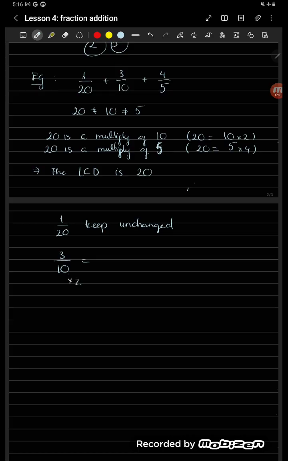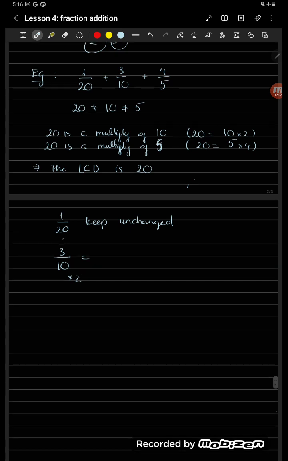And the moment you times the bottom part with 2, you need to times the top part with 2 as well, to keep the value of the original fraction. So now we have 3 times 2 over 10 times 2, and this is equal to 6 over 20.